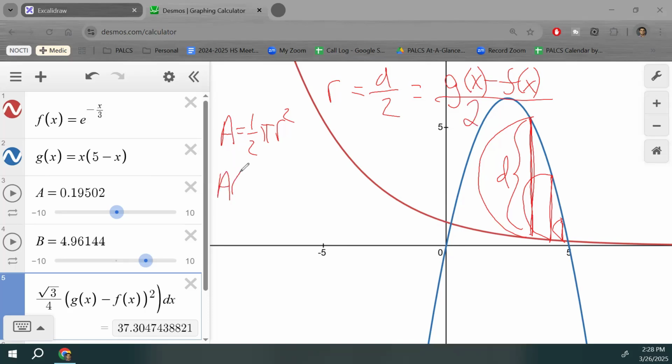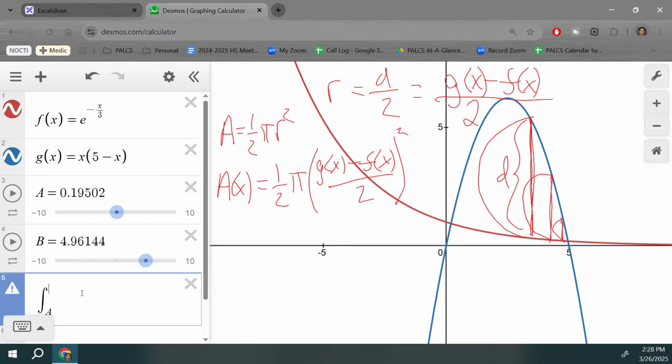So the area function is 1/2 pi times r squared, G of x minus f of x all over 2 quantity squared. Integral from a to b, 1/2 pi times G of x minus f of x all over 2 quantity squared dx.